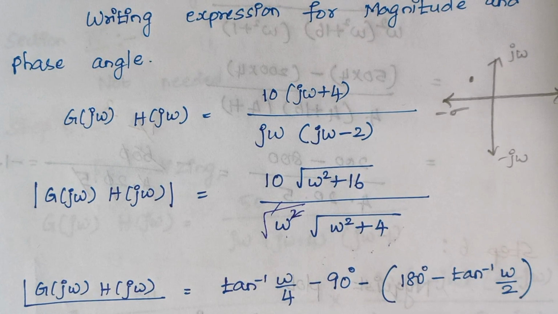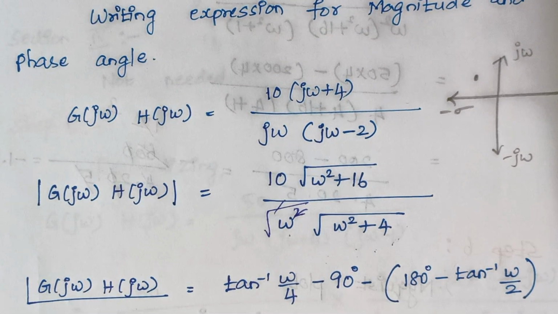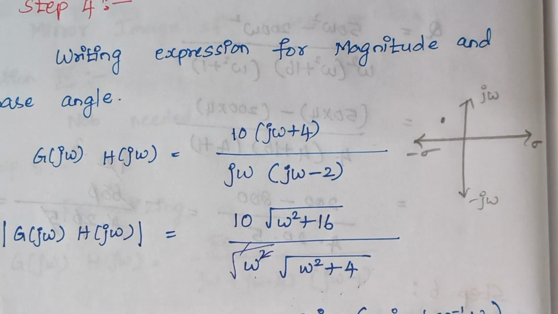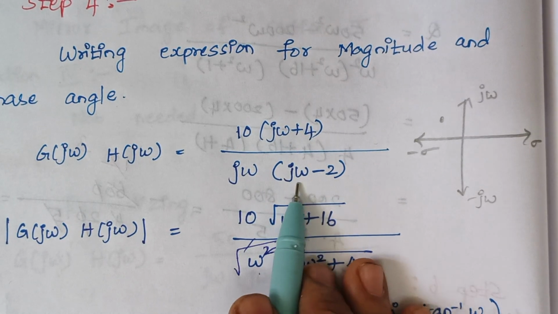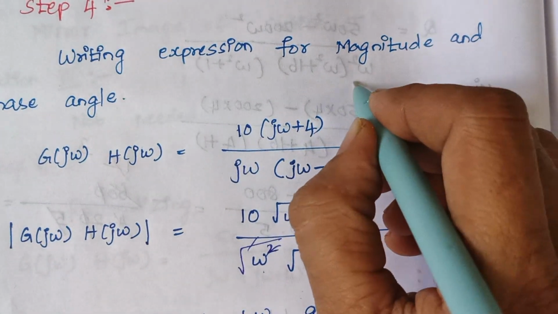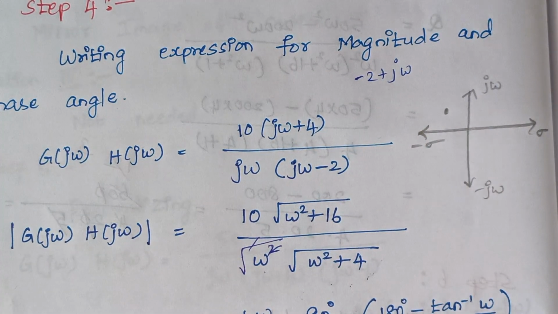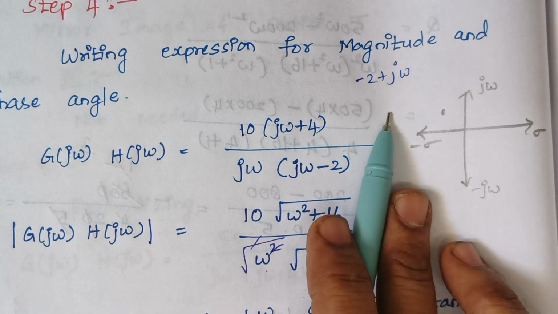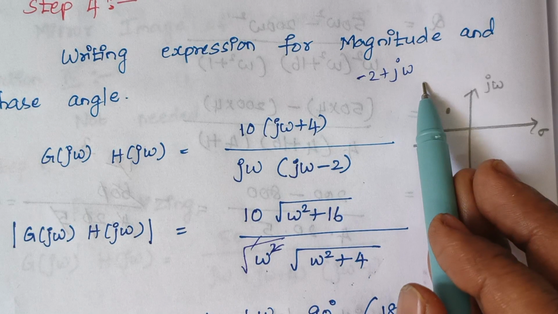And next we are going to write the expression for phase angle. In writing the expression for phase angle, a key thing to be noted is, you see here we are having j omega minus 2. I can write this one as minus 2 plus j omega. Here j omega minus 2, and here I am writing the same thing, minus 2 first and plus j omega later.